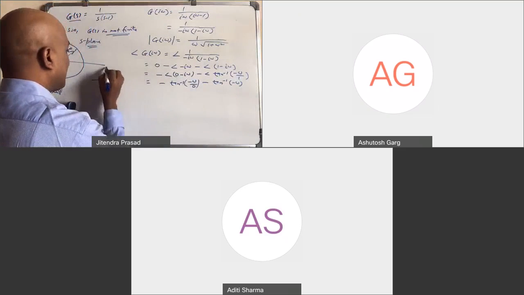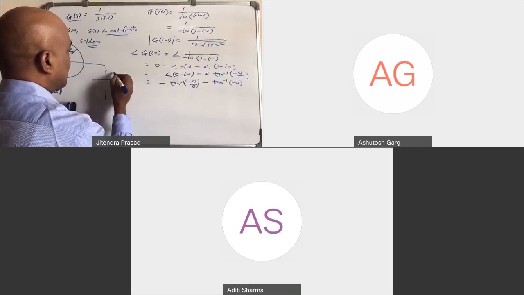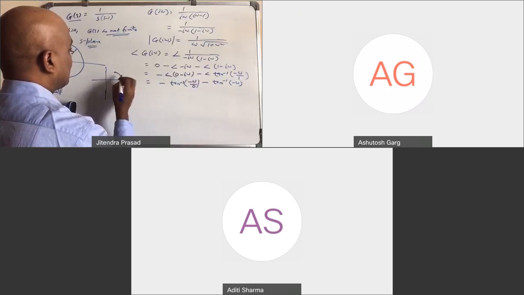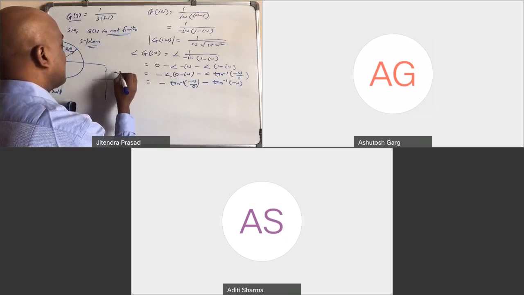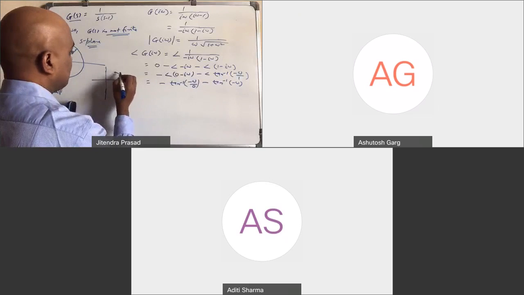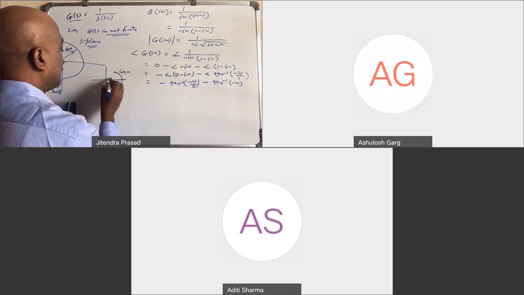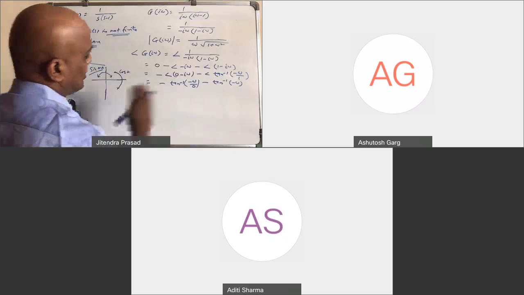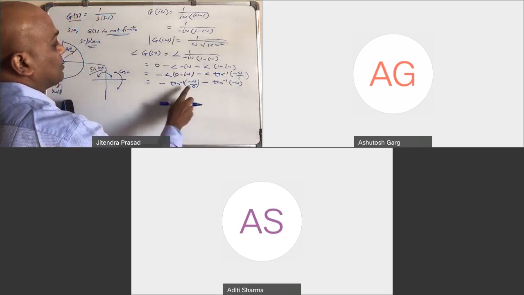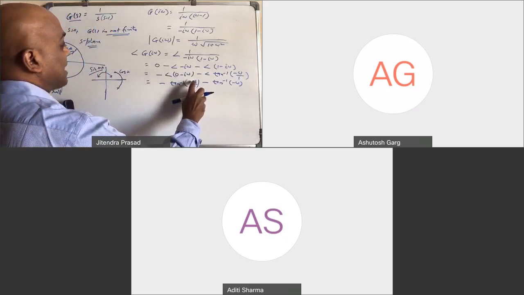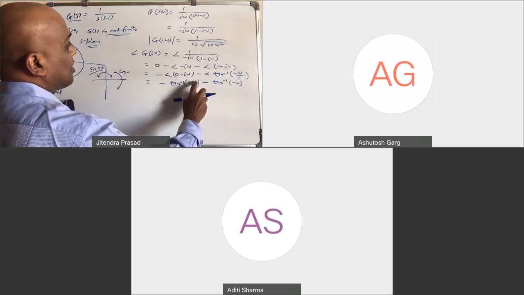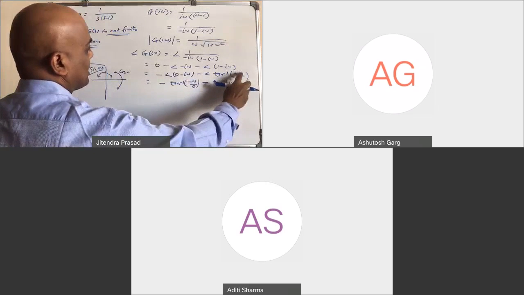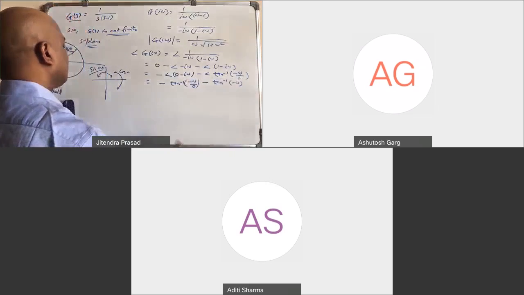We have to be careful with angle, and we know that in these two, the cos will be positive, and in this one the sine will be positive. This is my way of doing it. You have your own way. So what it tells is sine is negative and cos is positive.